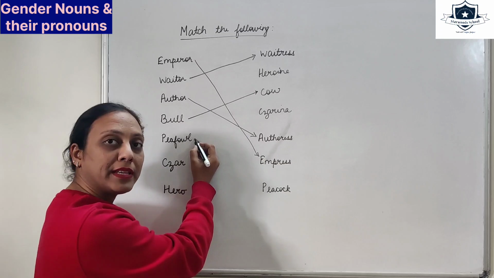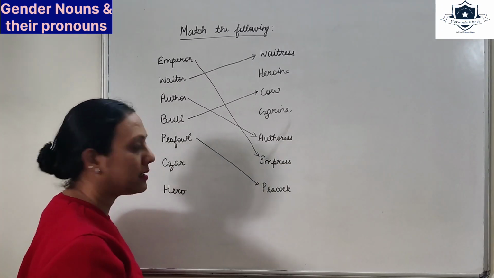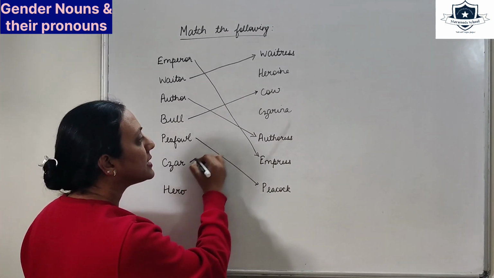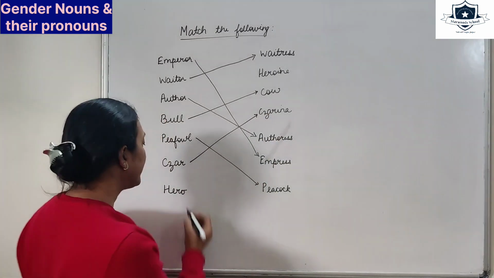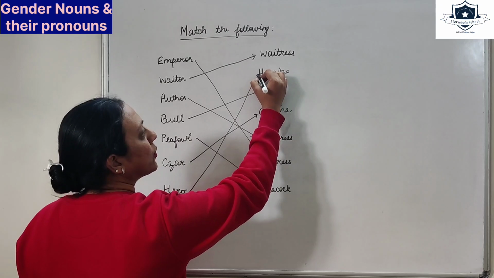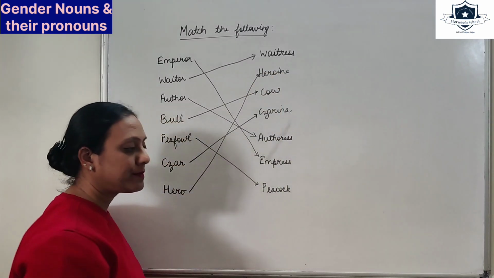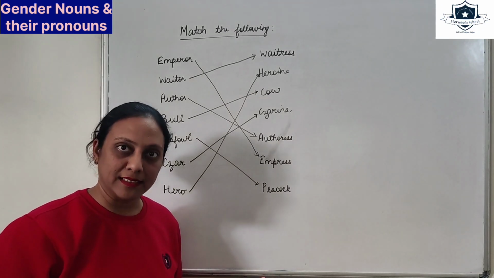Peafowl is the feminine gender noun. It can be matched with the masculine gender noun. Za is a masculine gender noun. It can be matched to Zarina, the feminine gender noun. Hero is a masculine gender noun that can be matched with heroine, that is the feminine gender noun. I hope it is clear until here.